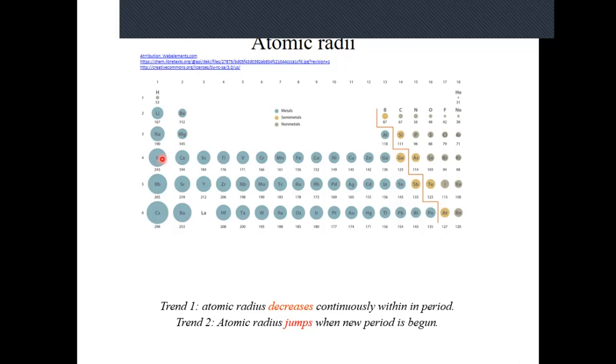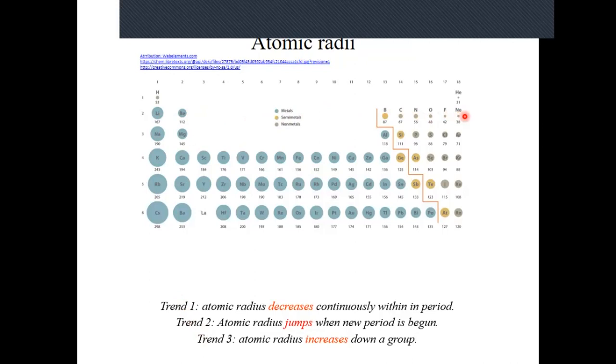And then we have a third trend, which says that the atomic radius increases down a group. Basically, this third trend can be understood as the sum of the first two trends. So in a period, we get a decline of atomic radius, but it's gradual and not all that strong.